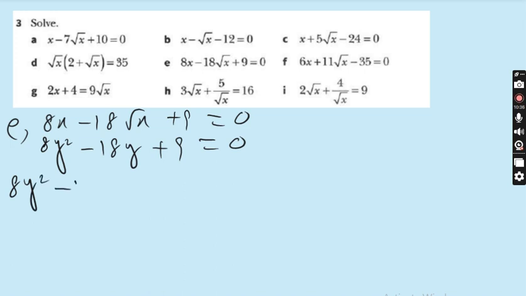So 8y² − 12y − 6y + 9 = 0. This is the method of middle term.